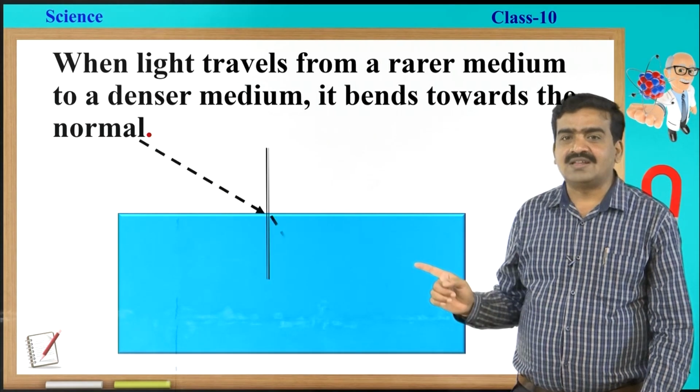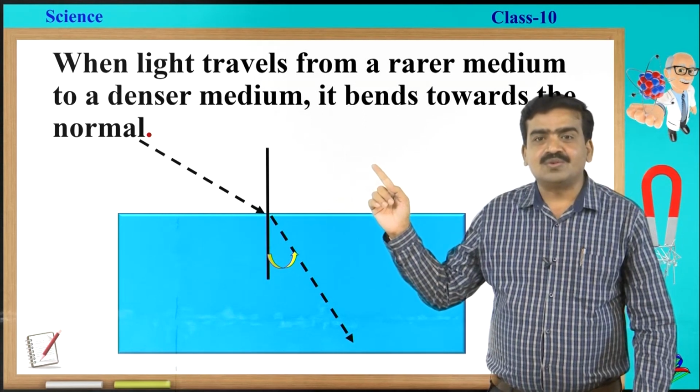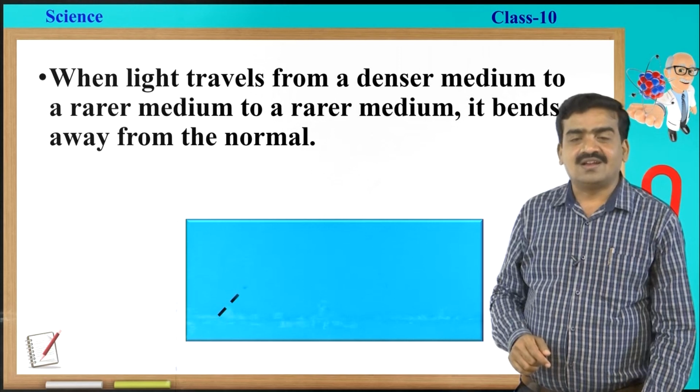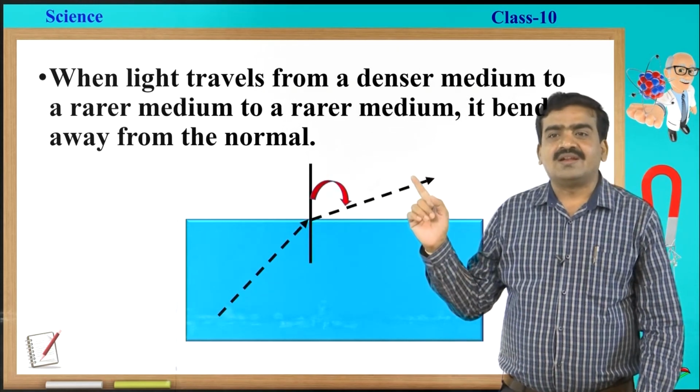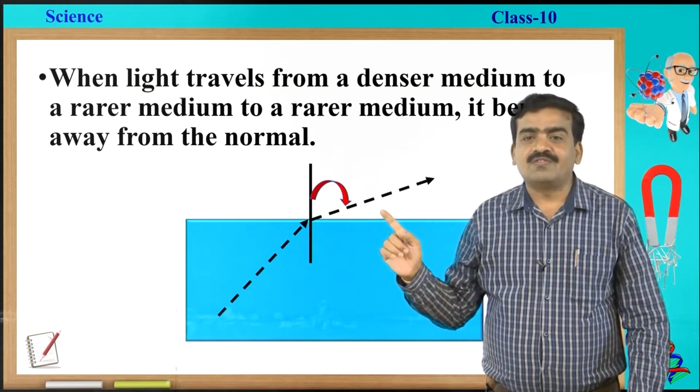Now, you also learned that when a ray of light travels from a rarer medium to a denser medium, it bends towards the normal. And when a light ray travels from a denser medium to a rarer medium, it bends away from the normal.